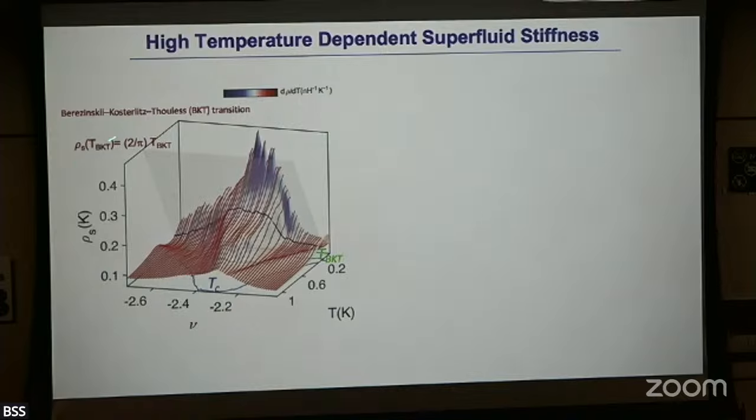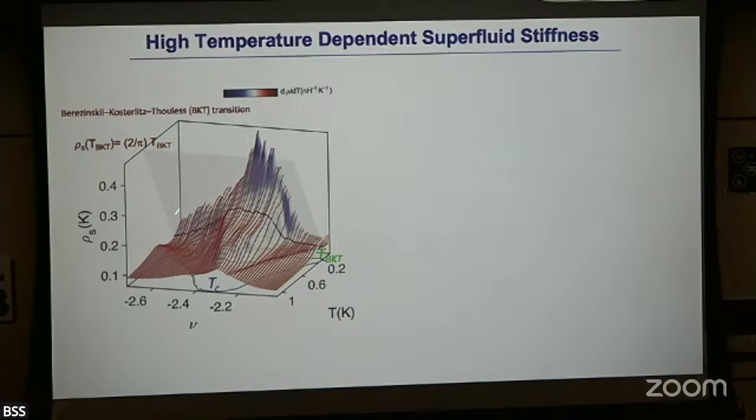According to the BKT theory, we know that if I know the superfluid stiffness as a function of temperature, when the stiffness at that temperature is equal to 2 over pi times T_BKT, then I should be able to find the BKT transition temperature, right?